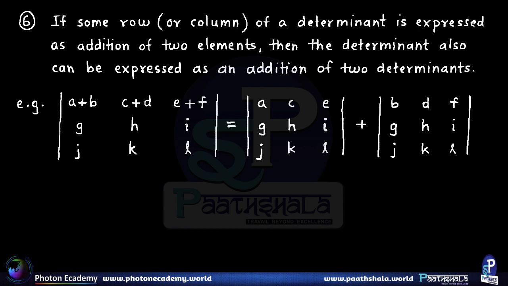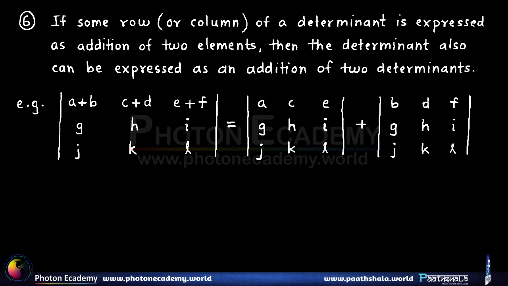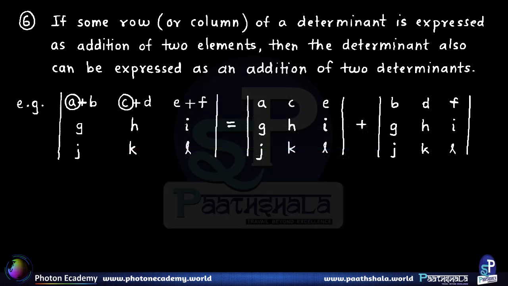Now the way to break it is, in the first row of the first determinant, we write one of the two elements from each pair. Out of a and b we pick a. From c plus d, suppose we pick c, and from e plus f, we choose e.